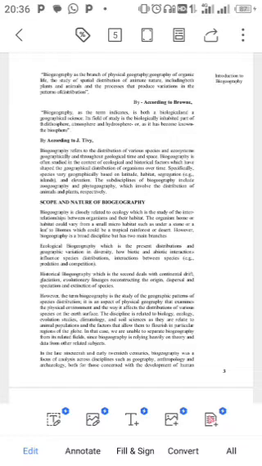Biogeography refers to the distribution of various species and ecosystems geographically and throughout geological time and space. Biogeography is often studied in the context of ecological and historical factors which have shaped the geographical distribution of organisms over time.